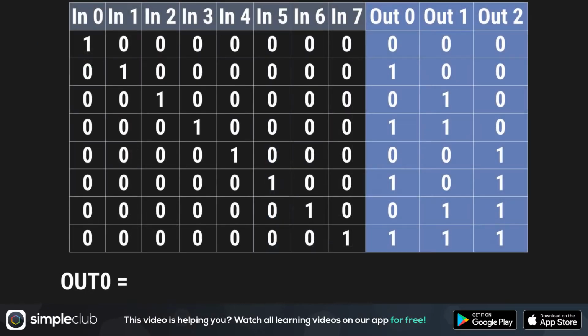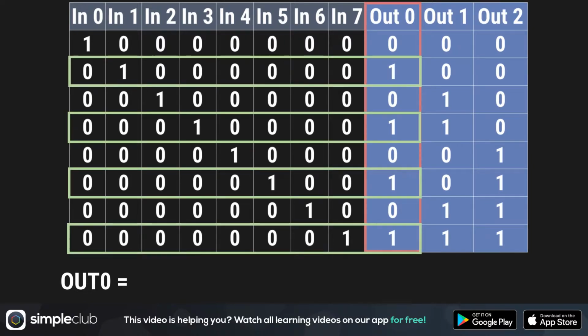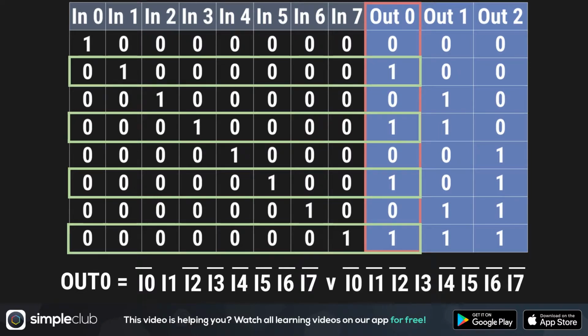The whole thing can also be described as a function. Let's take out 0 for example. We're going to look in the table and write down every line that has a 1 for out 0. From the top, that's not I0, I1, not I2, not I3, and so on. At the end, we've got 4 blocks, each connected by an OR symbol.